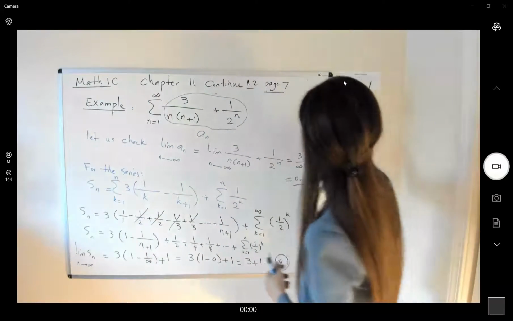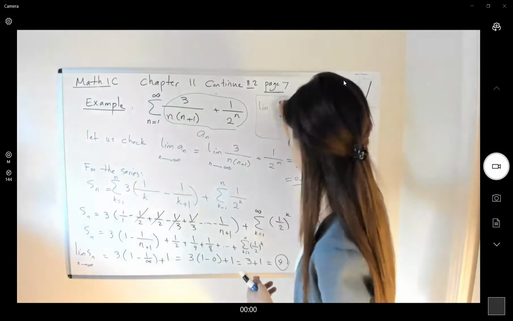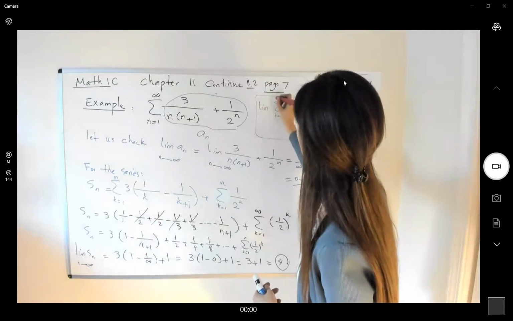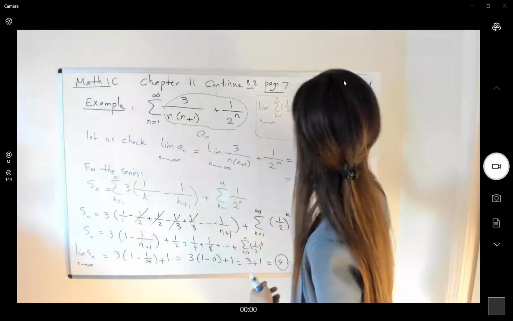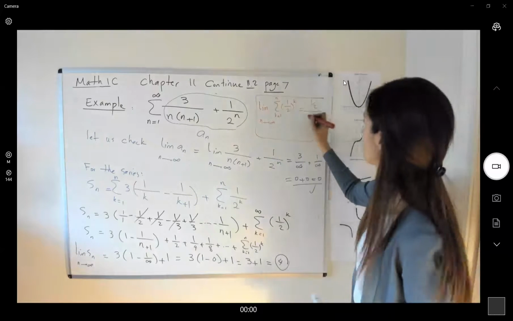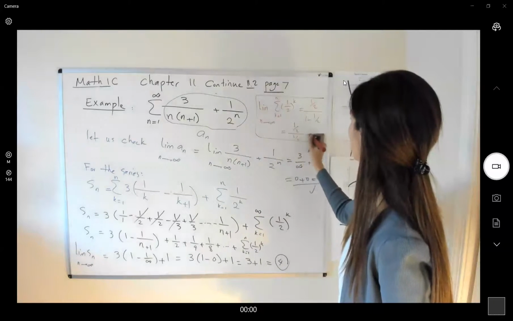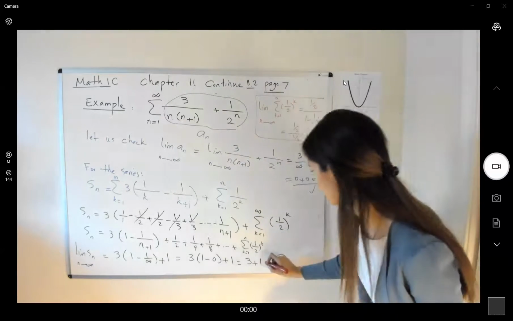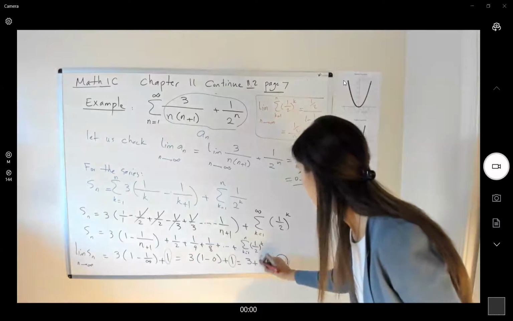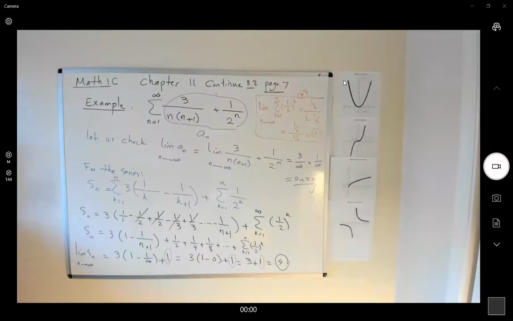The limit of the series, a half to the k, while n goes to infinity, is equal to a, which is a half, divided by 1 minus r, 1 minus a half, which is a half divided by a half, which is 1. This one here is coming from this geometric series.